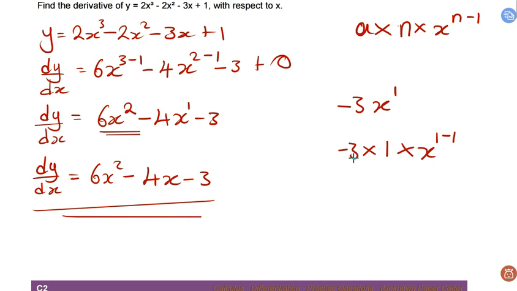Therefore you are going to have negative 3 times 1 times x, it will be negative 3x to the power 1 minus 1, that is 0. Remember the rules of indices, one of them says any number or letter to the power 0 is equal to 1. So in this case it will be negative 3 times 1, that will be negative 3.